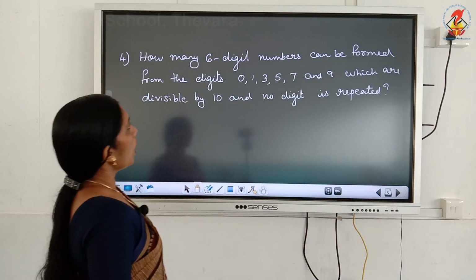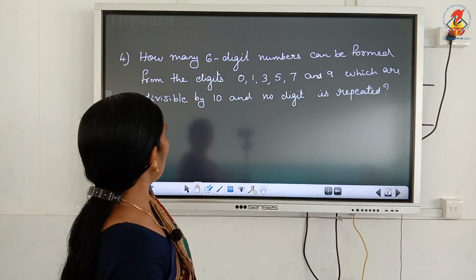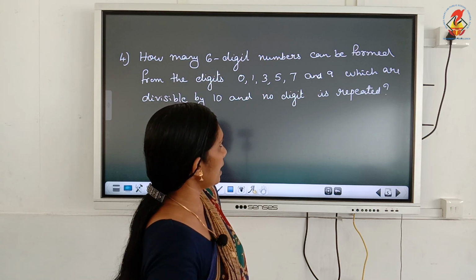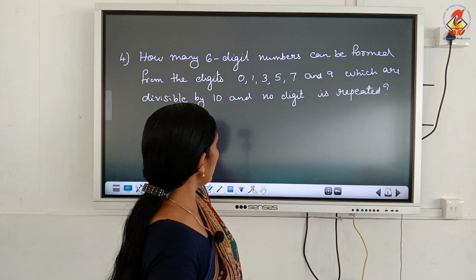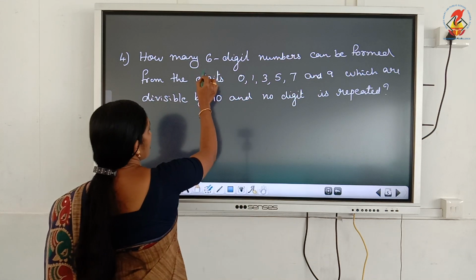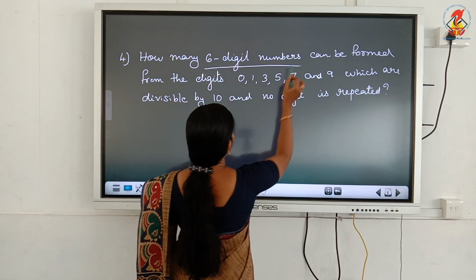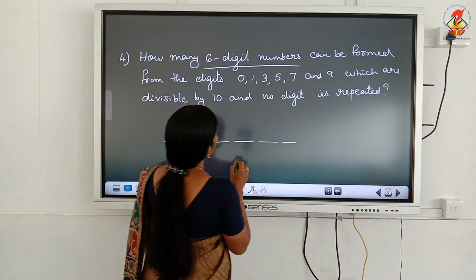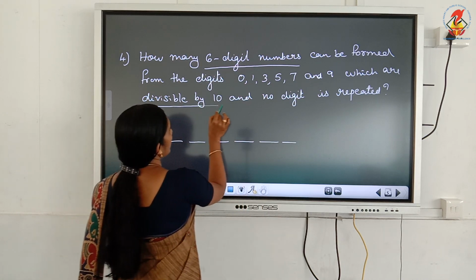That is the next one. How many 6-digit numbers can be formed from the digits 0, 1, 3, 5, 7 and 9 which are divisible by 10 and no digit is repeated? How many 6-digit numbers? So 6 places are there and divisible by 10.